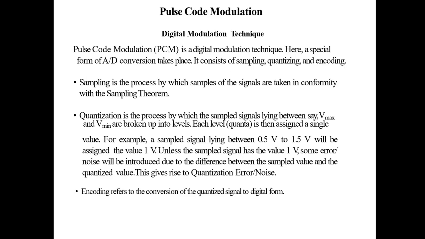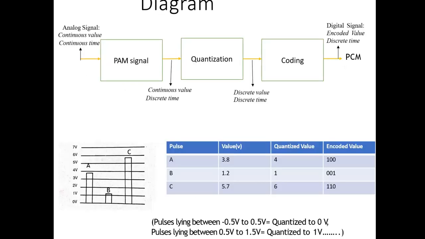For example, if your input is 2.7, it is rounded to 3 volts. The quantization error is 3 minus 2.7, which is 0.3. It is called quantization error or quantization noise. Encoding converts the quantized signal into digital form.